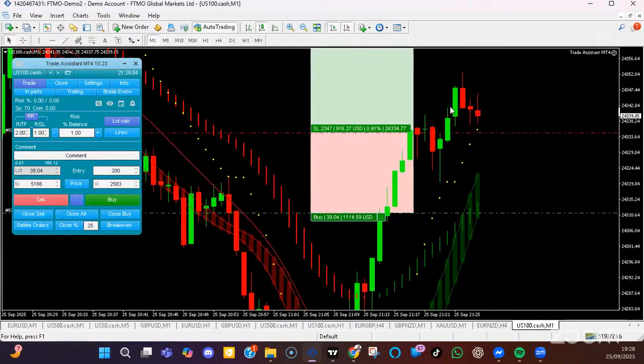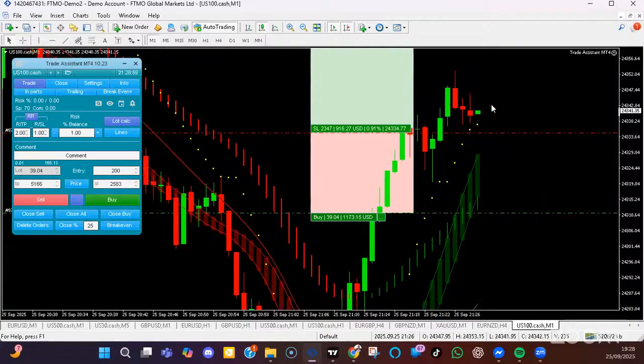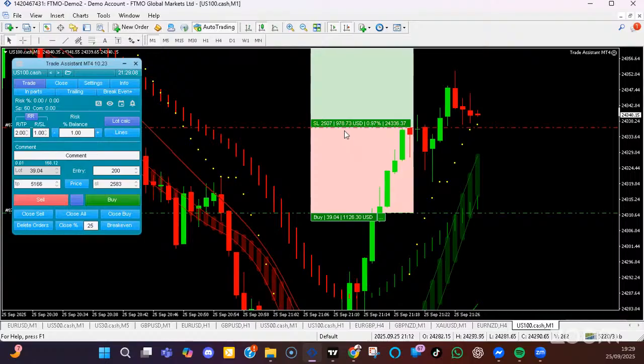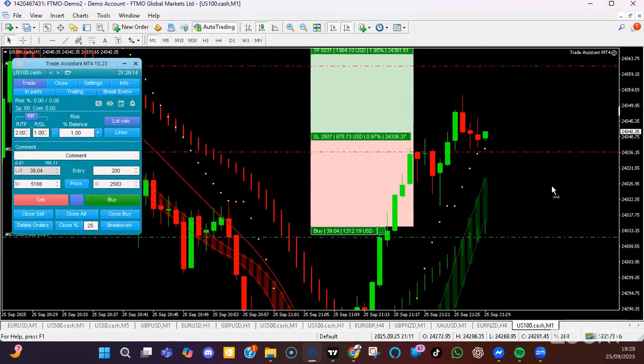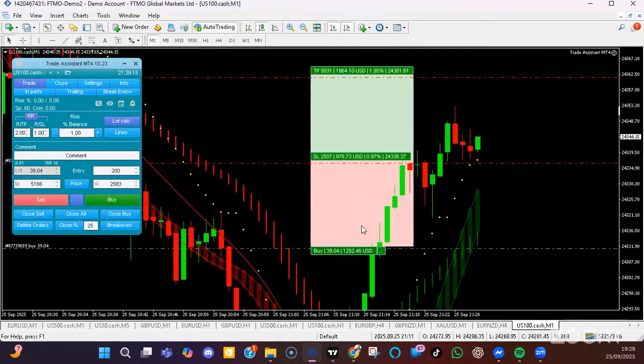But right now, as you can see, it's going sideways. So is this picking up sell orders? Could be. But if it is, that's fine because now I'm over, oh, I thought it was going to be over 1,000 then, but nearly 978 US dollars. So it's picking up orders, but are they going to be sell orders or buy orders?